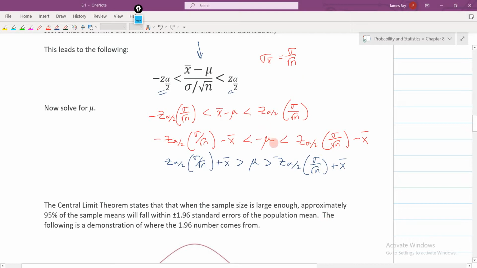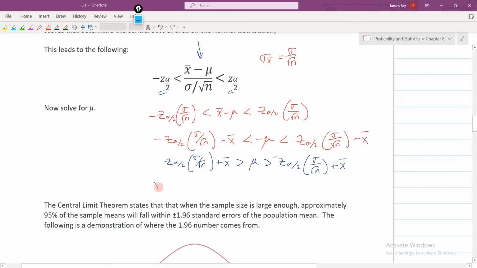So now I'm rewriting everything. Basically, I'm going to reverse everything so that I've got the correct order of my inequalities. When I flip this, this one comes first.